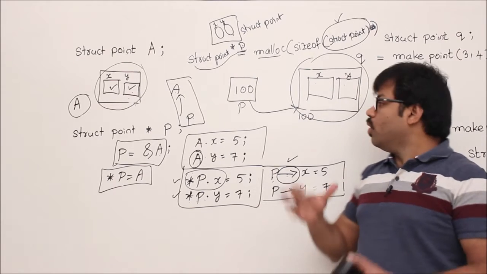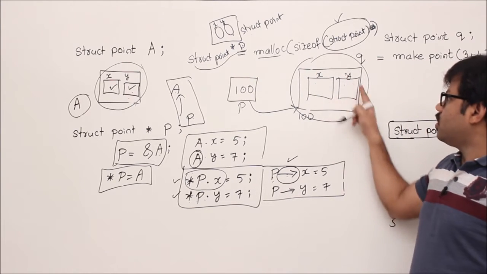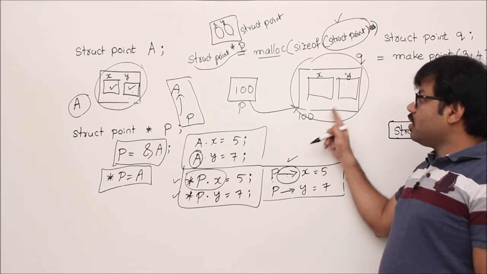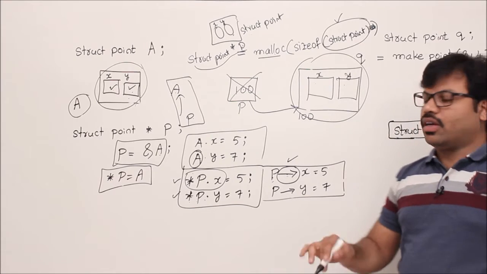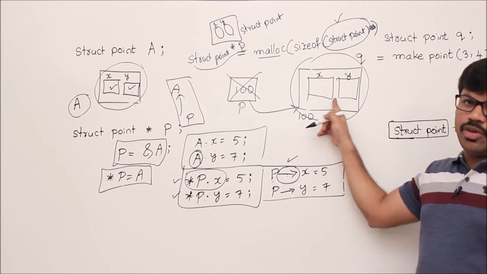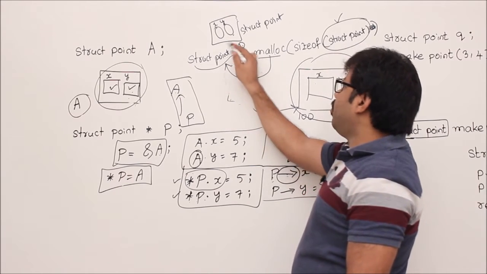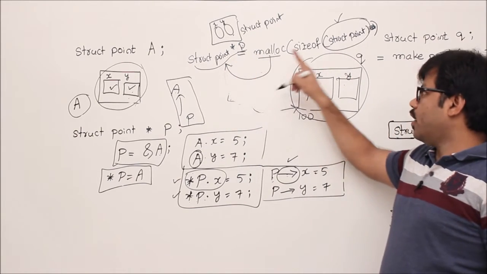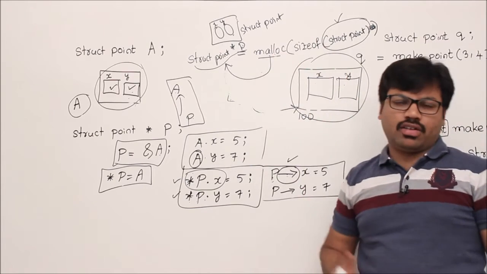There is no binding with a name, correct? That's why for such boxes, definitely their addresses should be remembered. If you forget this address, that's it, gone. You can't access this memory. That's why malloc always goes with a pointer on the left hand side, which can hold the address of this box which is allocated by malloc, correct?